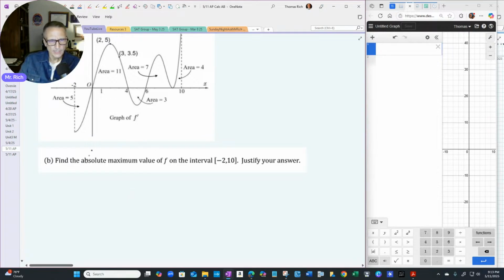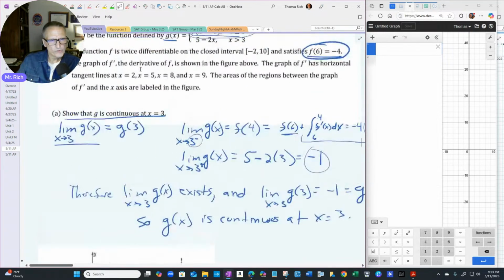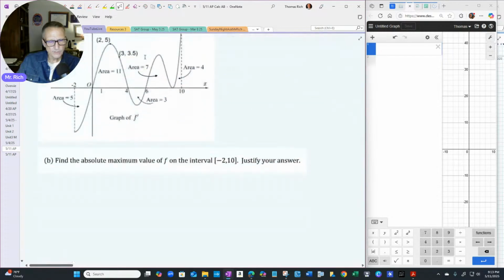So what we're going to say here is that because f is twice differentiable, it is continuous. So an absolute maximum will exist.